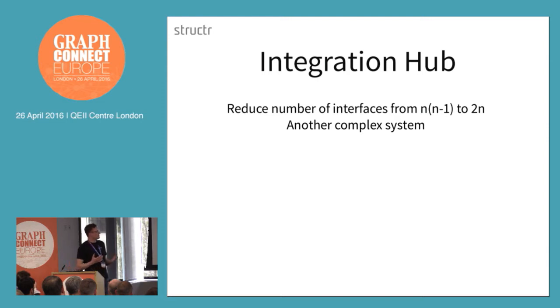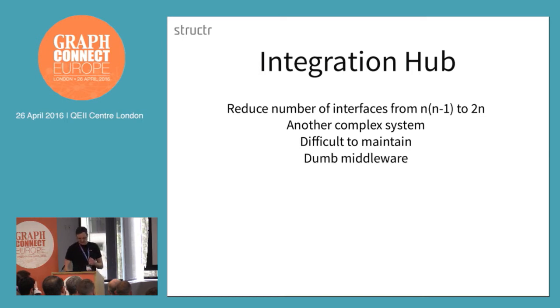The downside is you introduce just another complex system, which is very hard to maintain, because when a system changes, you have to change the interfaces to the integration hub. And basically, it's more or less dumb middleware, it just exchanges data. You try to integrate it the smartest way possible, but the most simple system in this context limits the intelligence you could put into your integration hub.